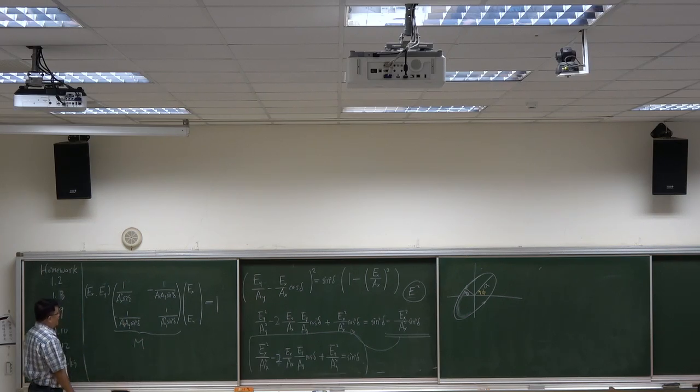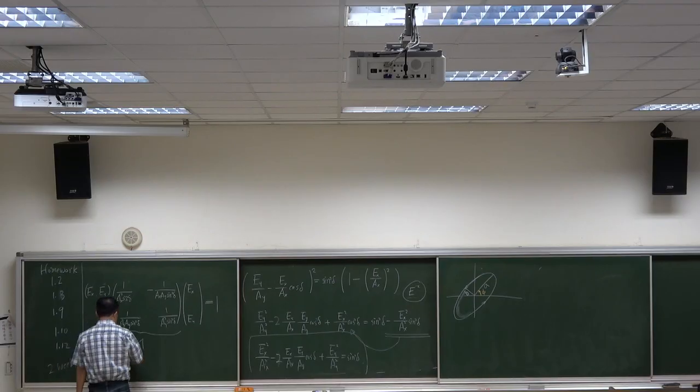So let me denote the matrix between this and this as matrix M, and I can define E as (Ex, Ey).